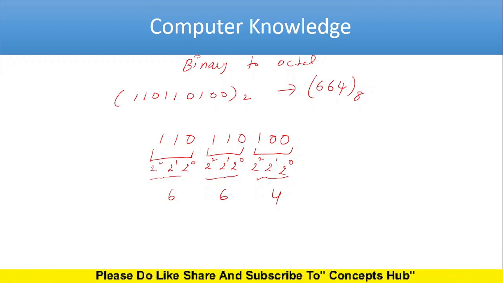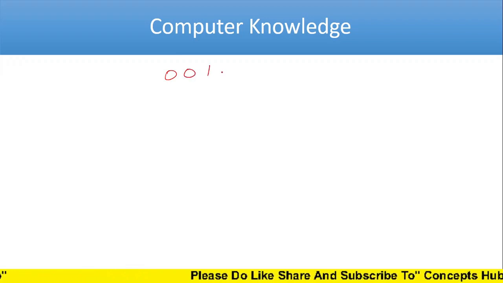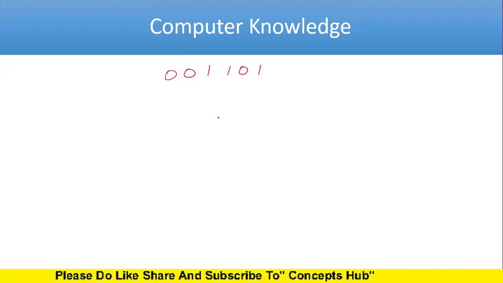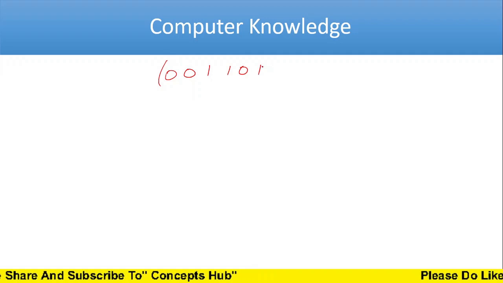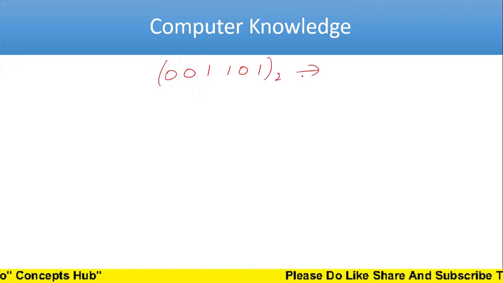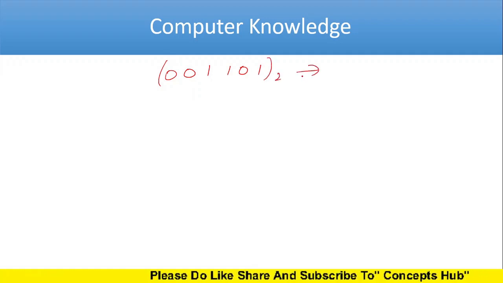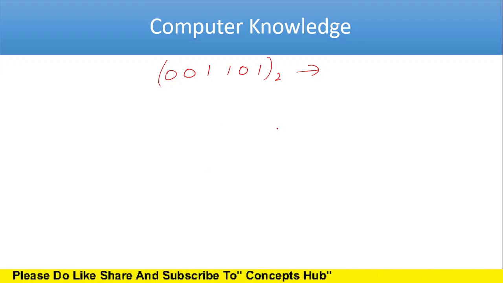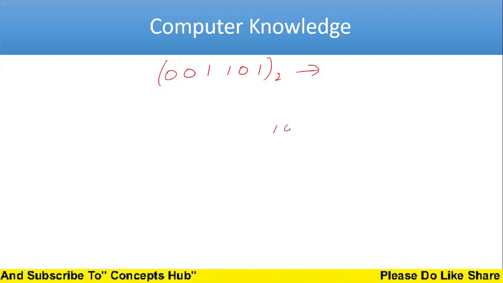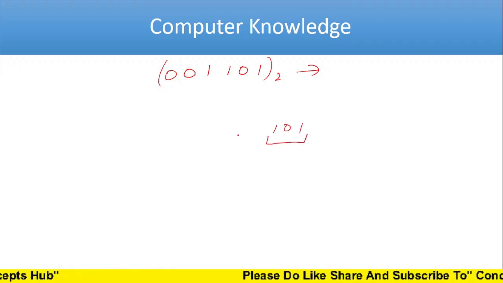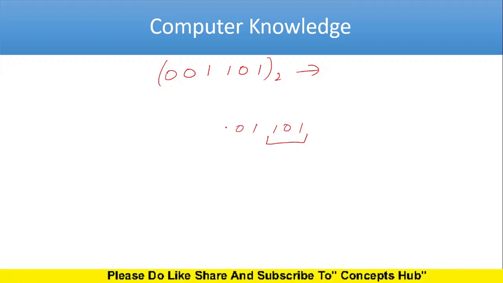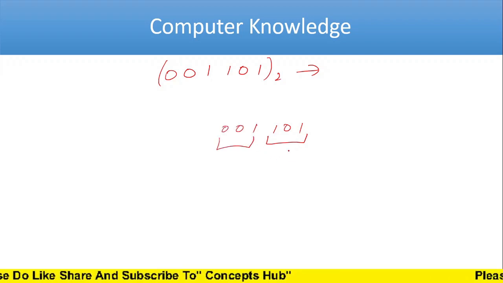Next problem. 0, 0, 1, 1, 0. Again, we need to convert from binary to octal. So what you need to do? You need to separate in bits of 3. This is one group, and 1, 0, 0, this is also a bit of 3.